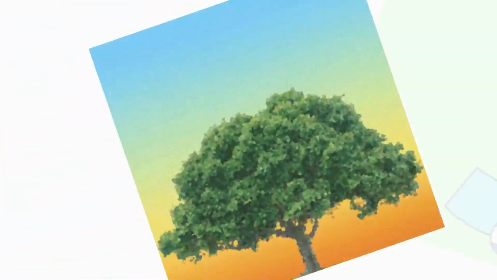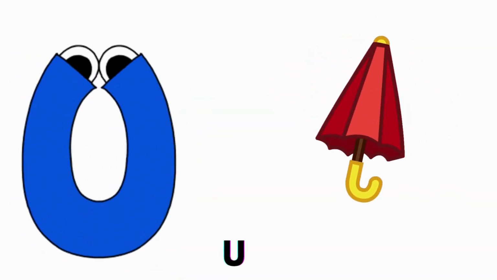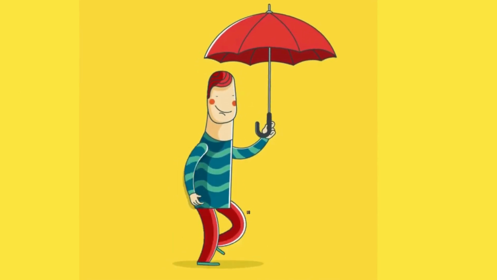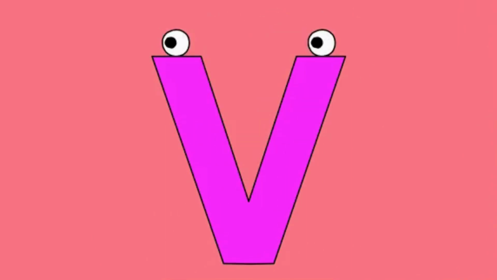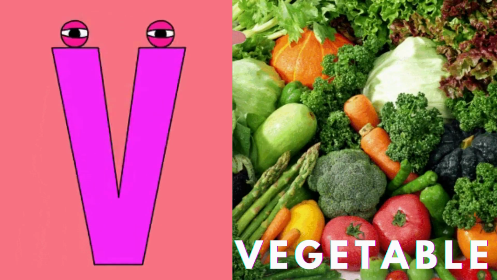T. T for tree. U. U for umbrella. V. V for vegetable.